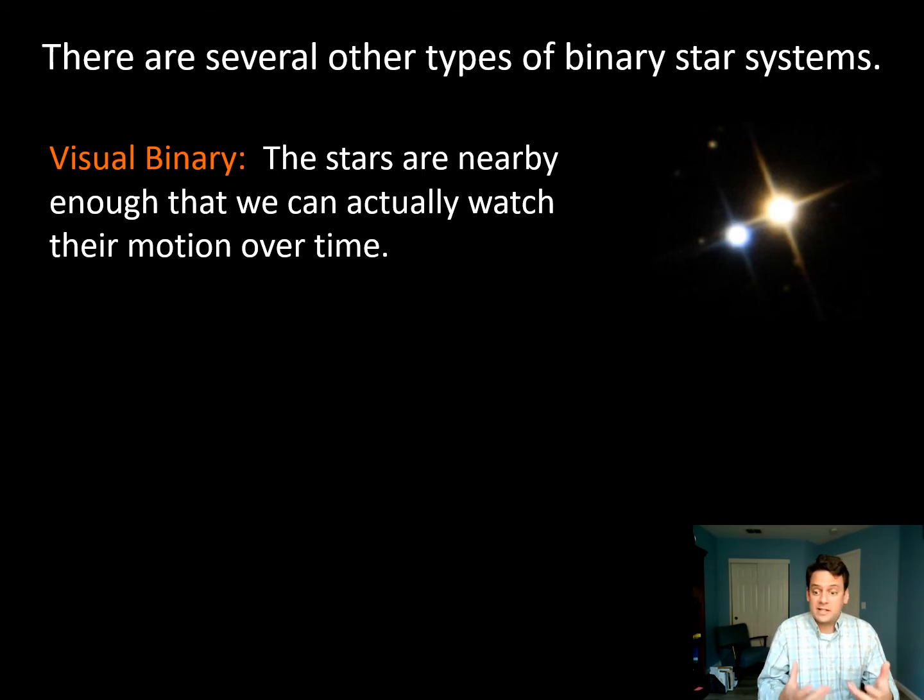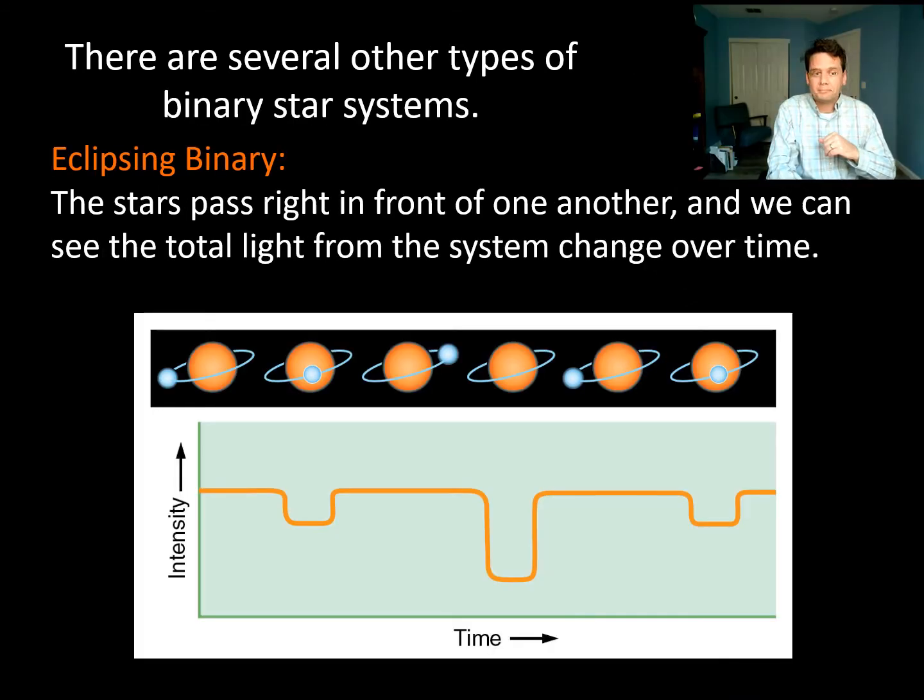It doesn't make it a fundamentally different type of star system. But it's useful because, to the extent that we're stuck here on Earth observing what we can observe, it's useful to distinguish between star systems that we can actually visually see are binary star systems and those that we can't.